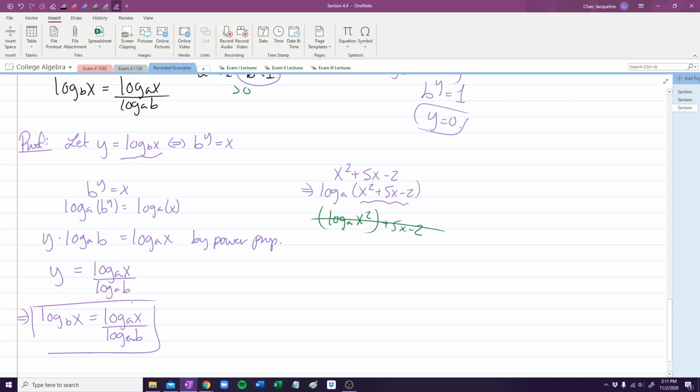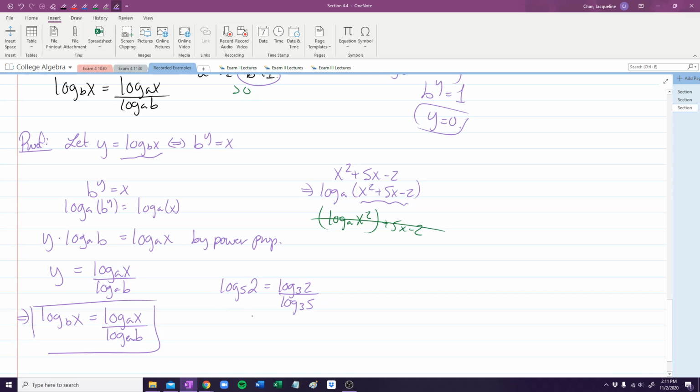And this also shows that a can be any number. If you had log base 5 of, say, 2, you could make it any base you wanted. You could make a equal 3 and say log base 3 of 2 divided by log base 3 of 5.